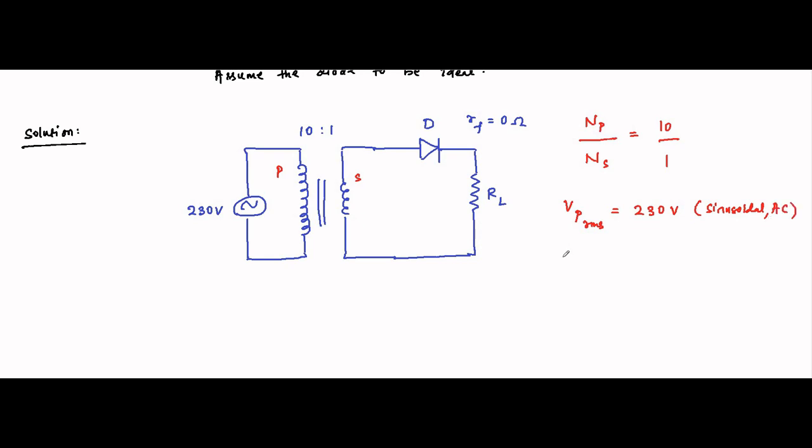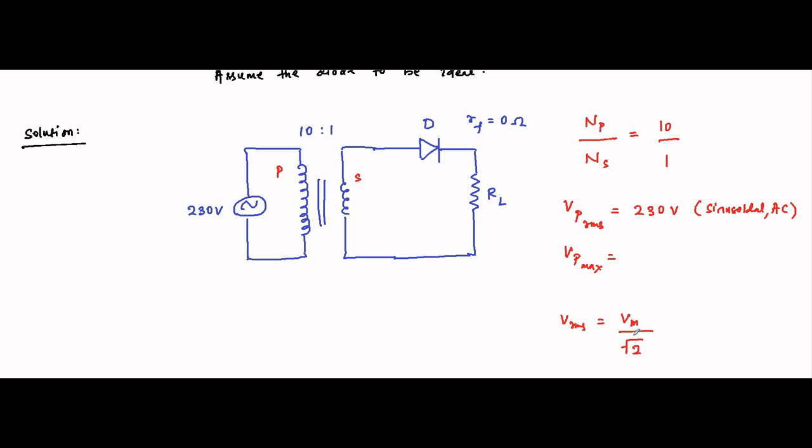So the maximum value of the voltage at the primary side will be, we know, Vrms is equal to Vm by root 2. Don't be confused about why here it is root 2. For half-wave rectifier it should be Vm by 2.